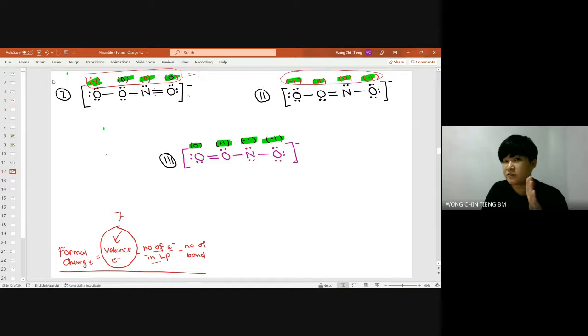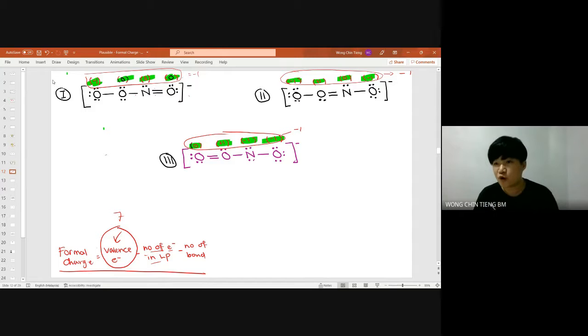Negative 1, positive 1, 0, negative 1. What is the total? Negative 1. Thank you. Syahira, this one: 0, positive 1, negative 1, negative 1. What is the total? Negative 1. Negative 1.